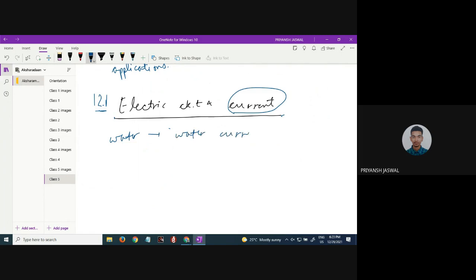When the water flows in a certain direction or pattern, we say that there is a water current. When air flows from one way to another, we say there is an air current. Current basically describes the flow of some quantity. Like air current describes the flow of air, water current describes the flow of water itself.